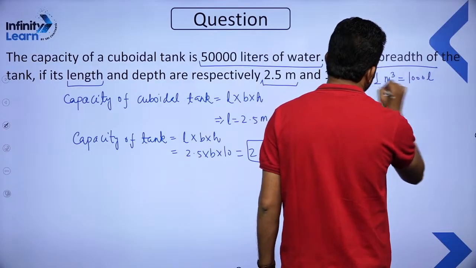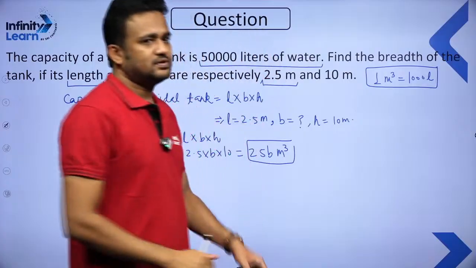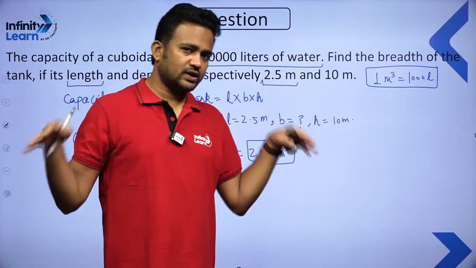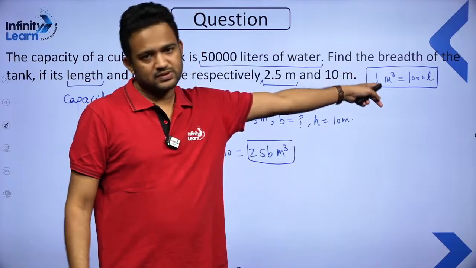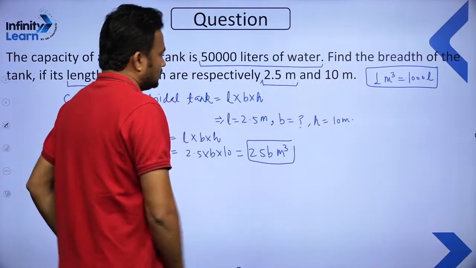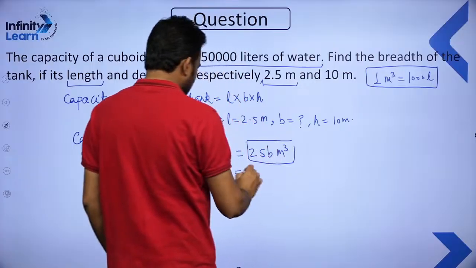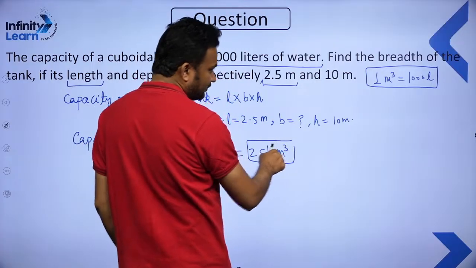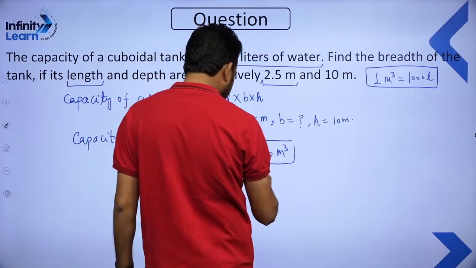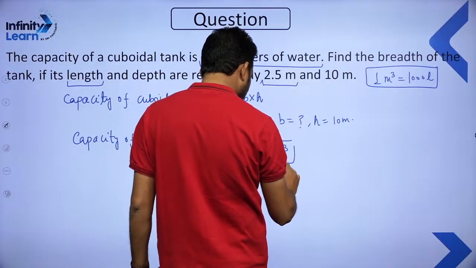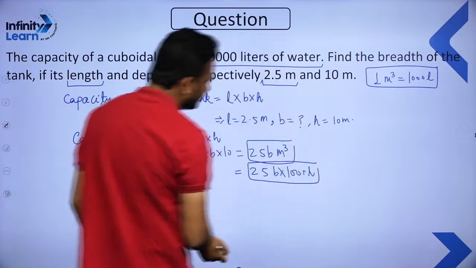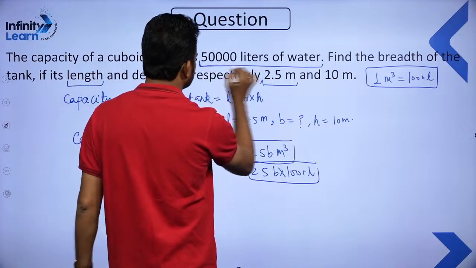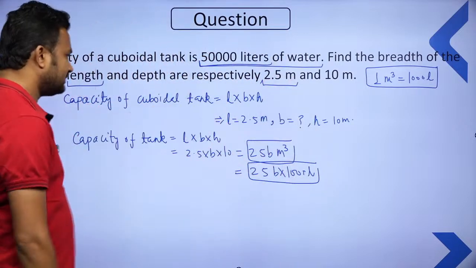This is the relation that you should know, right? If you make a tank of length 1 meter, breadth 1 meter, height 1 meter, then its capacity will be 1000 liter. So 1 meter cube is 1000 liter, so this will be 25B into 1000, and now this is in liter. So let us equate these two, because the capacity of this tank is 50,000.